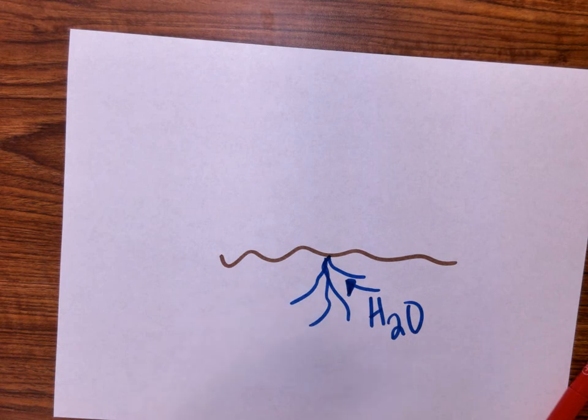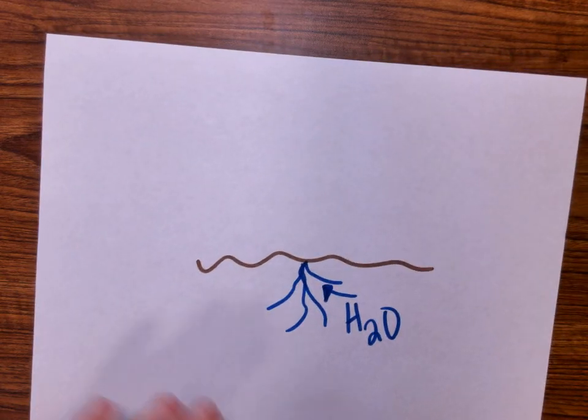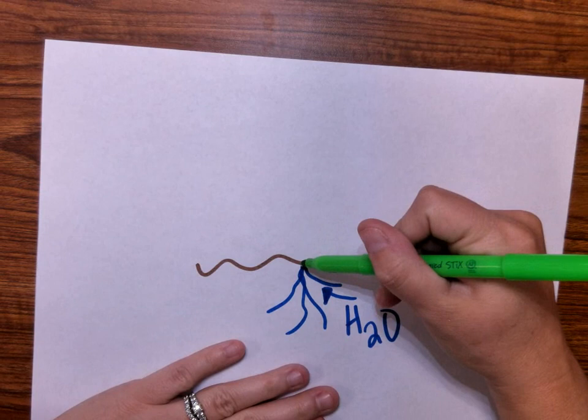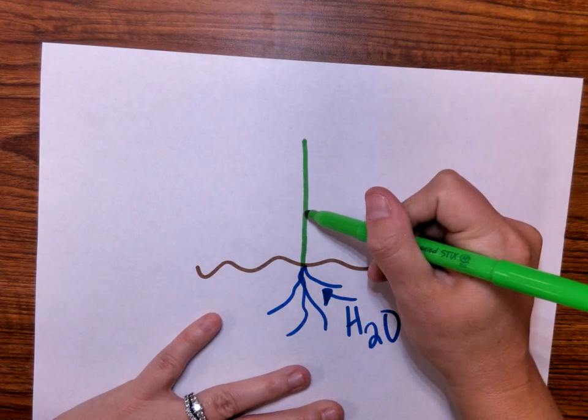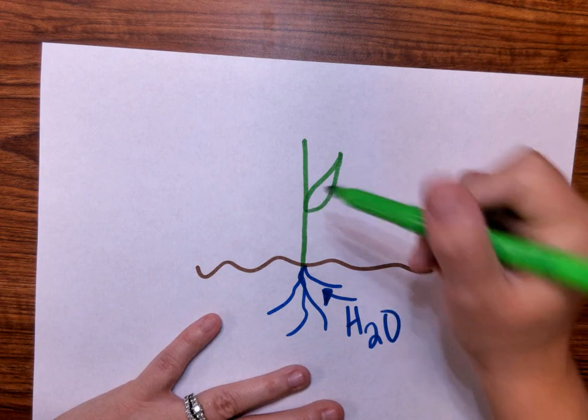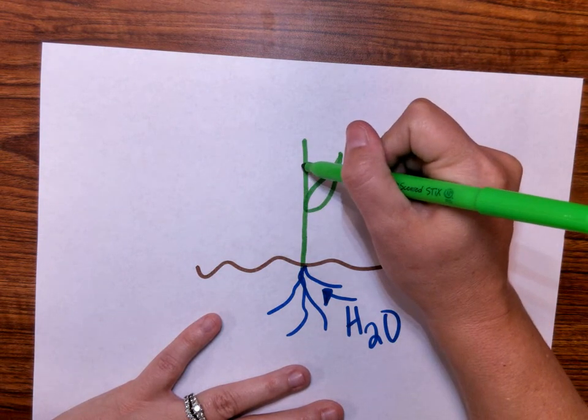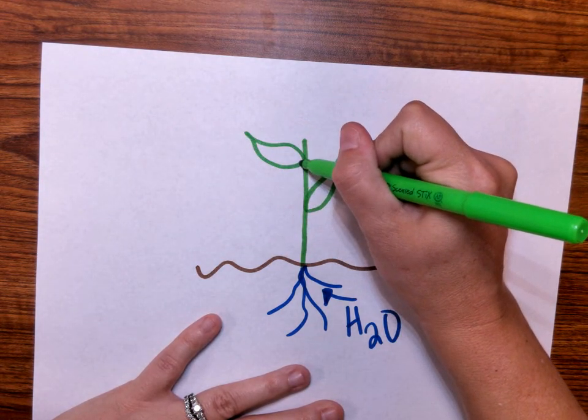So the water is soaked up in the roots, and it goes up through the stem through a structure called xylem. You may or may not have talked about xylem yet. Xylem is just kind of like the vessels in your body that carry your blood, so it's in a plant. So plants have xylem that goes up the stem to the cells in the leaves where photosynthesis is taking place.